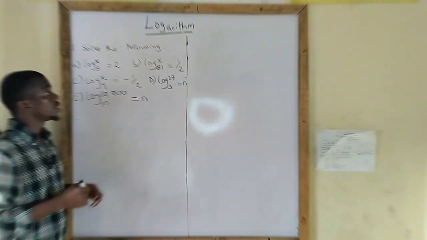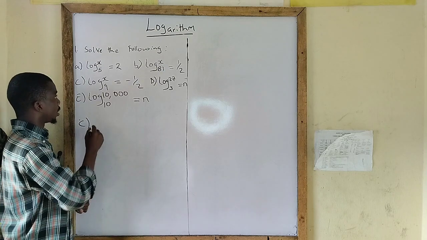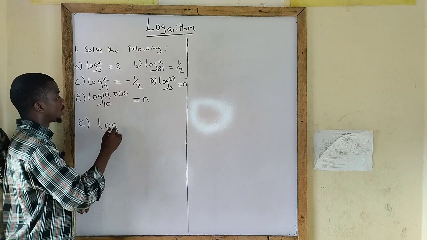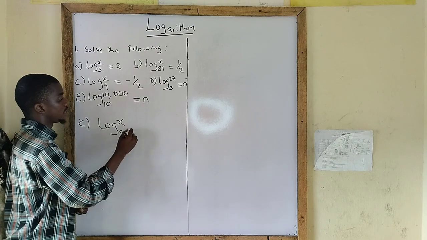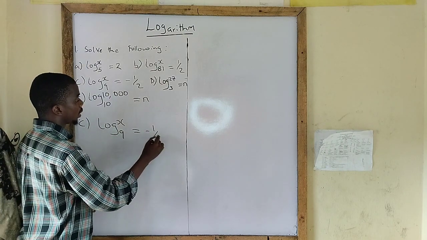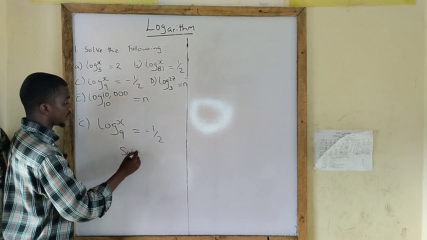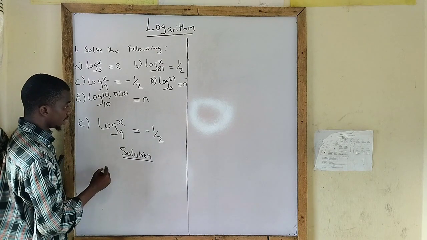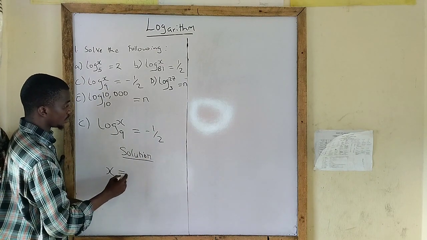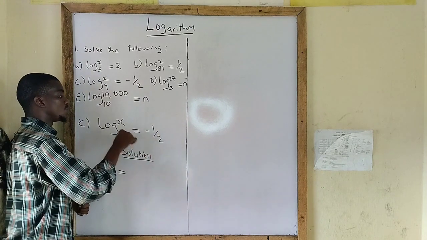We are going to consider the C question, and the C question says that log x base 9 is equal to minus 1 all over 2. So if we raise this, we have that x is equal to the number to which we raise the base.